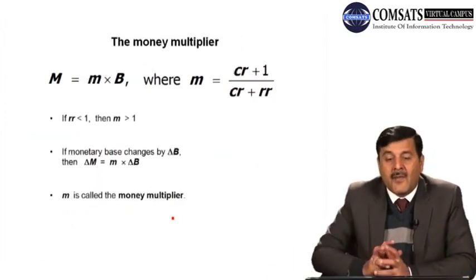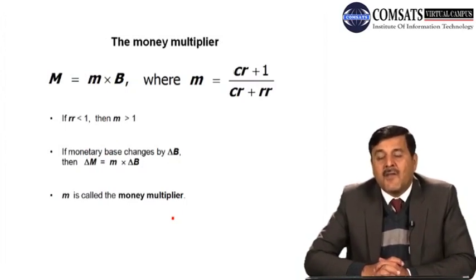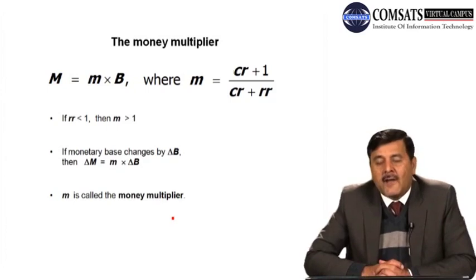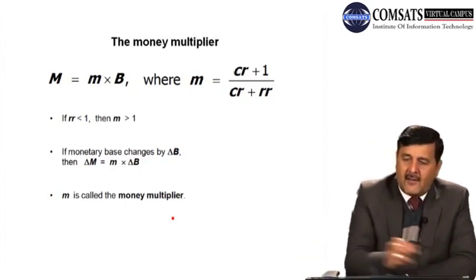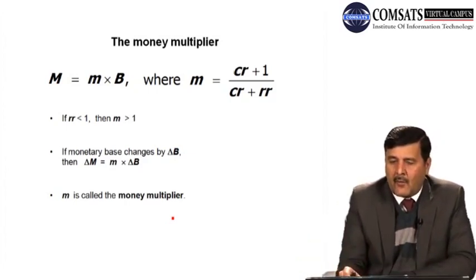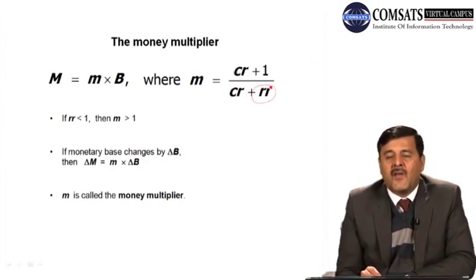Now we'll continue. Capital M is equal to small m into B. Now if we just substitute the value of small m, which is equal to CR plus 1 over CR plus RR. Now if the required deposit ratio is less than 1, what will happen to the m? यानी ये जो portion है, ये जो small m की equation में है, if this is less than 1, so what will happen to m? m will be greater than 1.